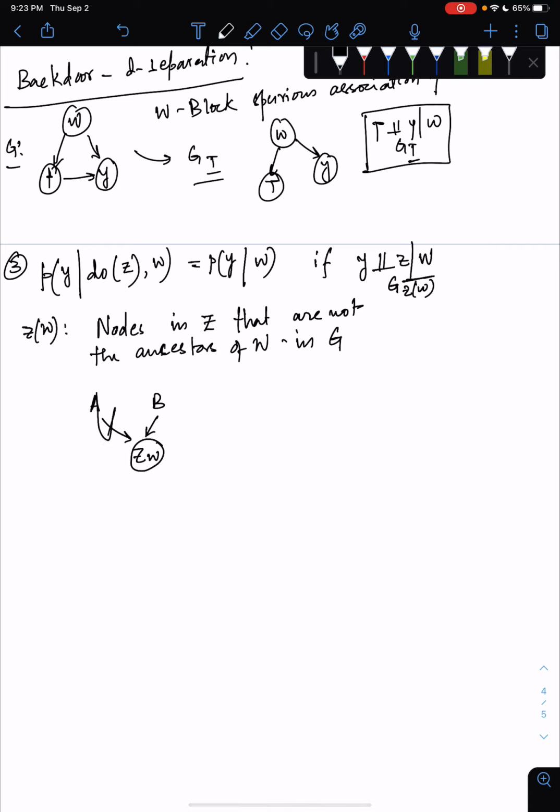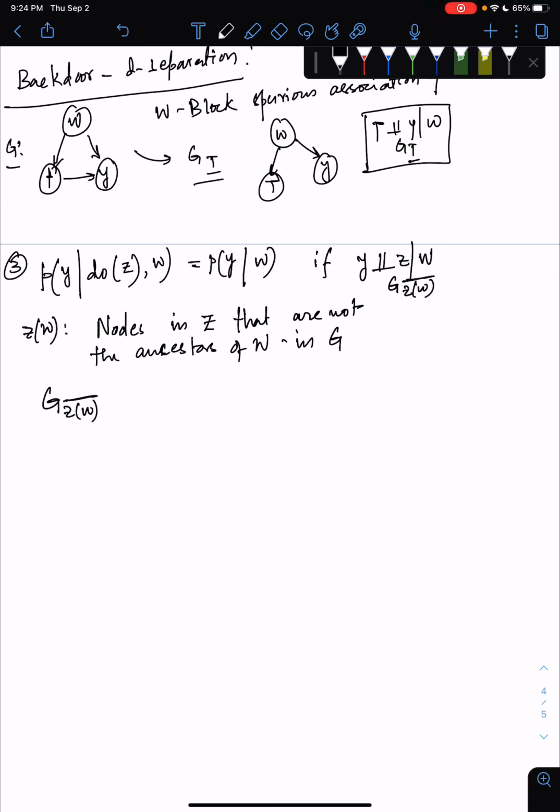Before going to this, let's understand one thing: we are actually in a graph where we removed all the edges that are coming to this node Z. Now forget about the ancestors and all, let's consider this Z. First we need to understand how this graph will look.